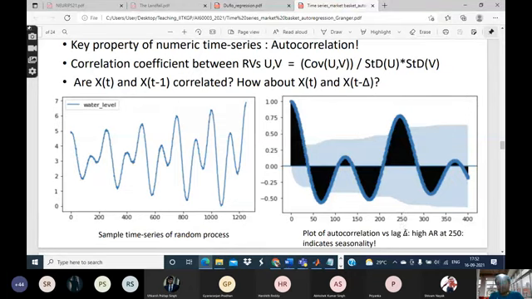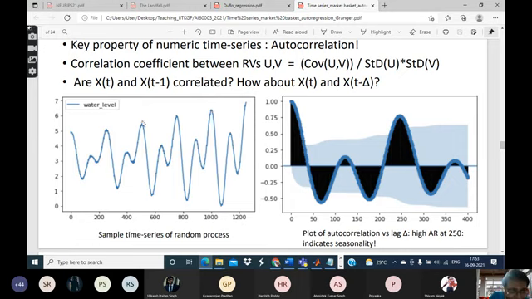Say for a lag of 250, we see a very high correlation. That means if you consider two time points which are separated from each other by a gap of about 250, you can be sure that they are behaving similarly.